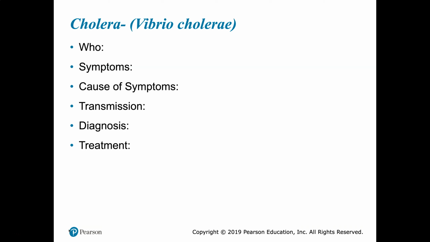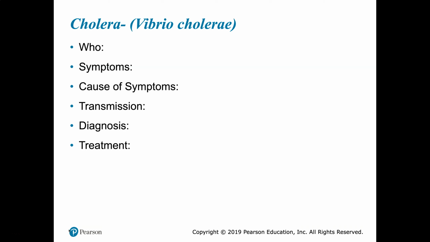So the causes of the symptoms, so the pathogenesis, is that there's a cholera toxin, which what the toxin does is it triggers the epithelial cells in the intestine to release water and ions into the intestine, which triggers watery diarrhea.